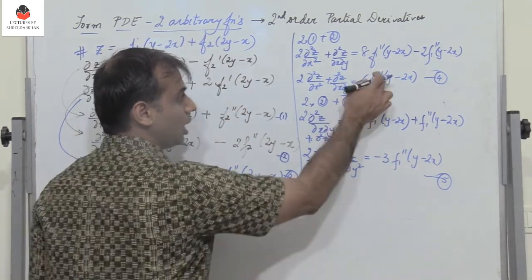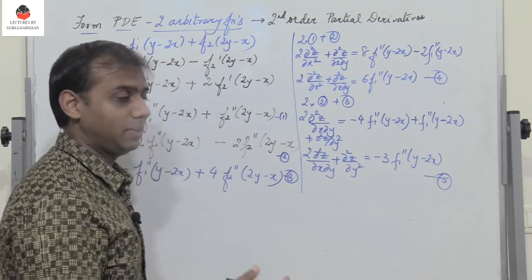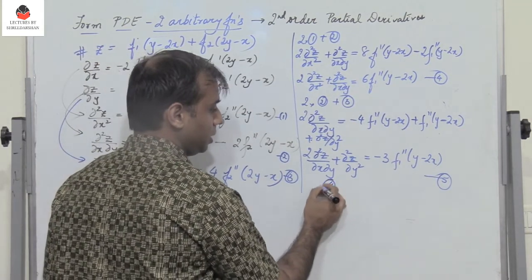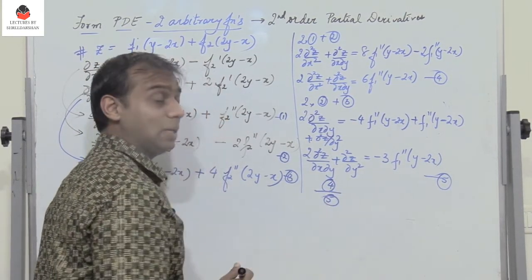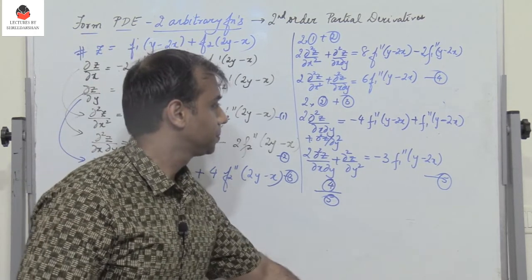So now what do we do? These two expressions have to be eliminated. So perform 4 by 5, divide equation 4 by 5.